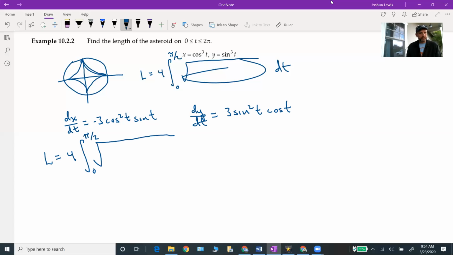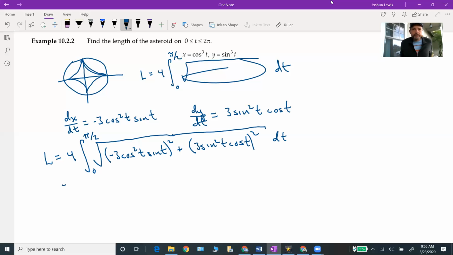And then we've got negative 3 cosine squared t sine t, squared, plus my dy dt, dt.